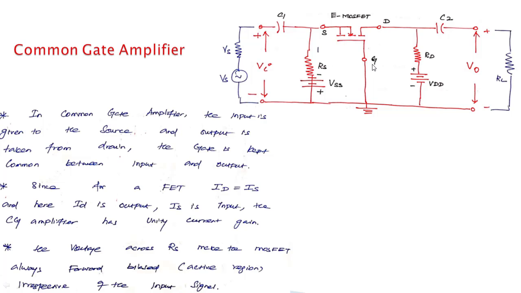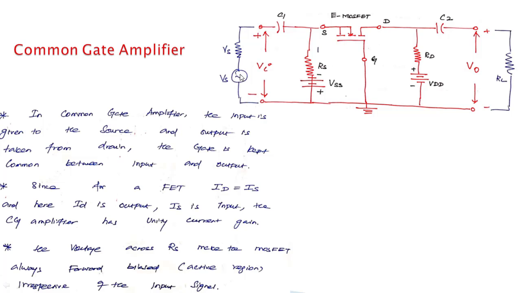To make the gate always positive, we have one power supply VSS. The VSS positive is connected to VG through this RS, so that VG is positive irrespective of the input signal. So this source resistance RS and VSS make the circuit always positive irrespective of the input signal.